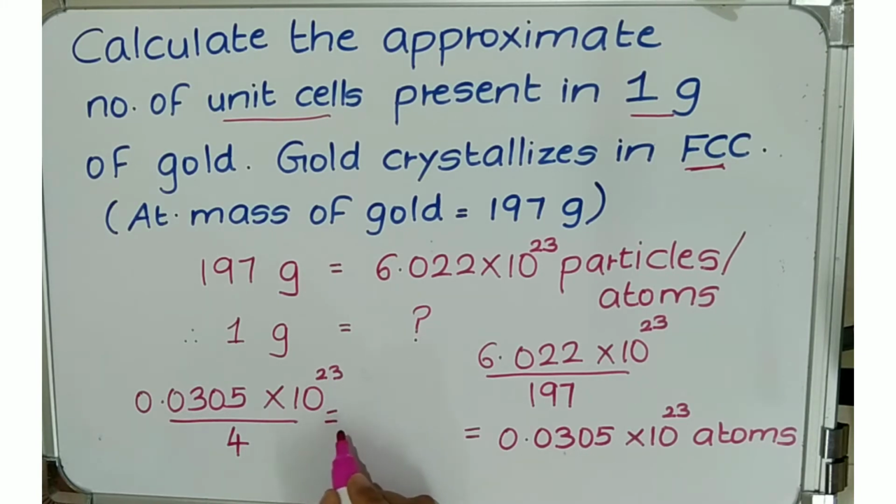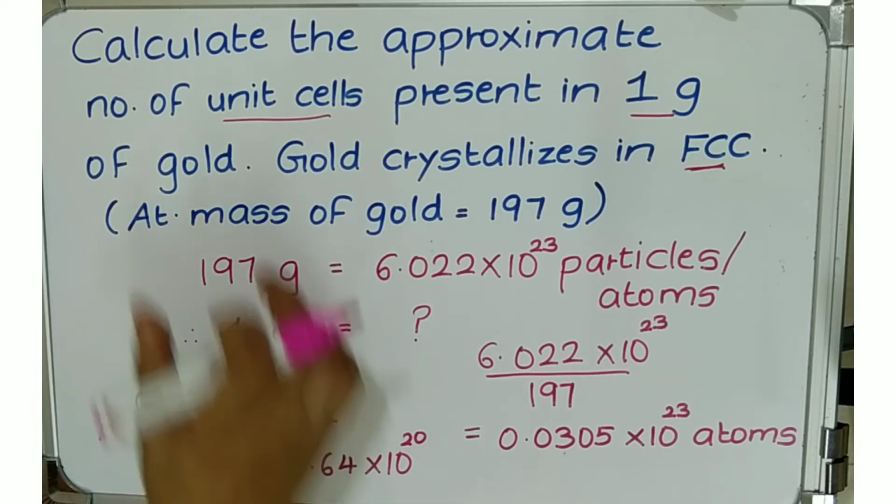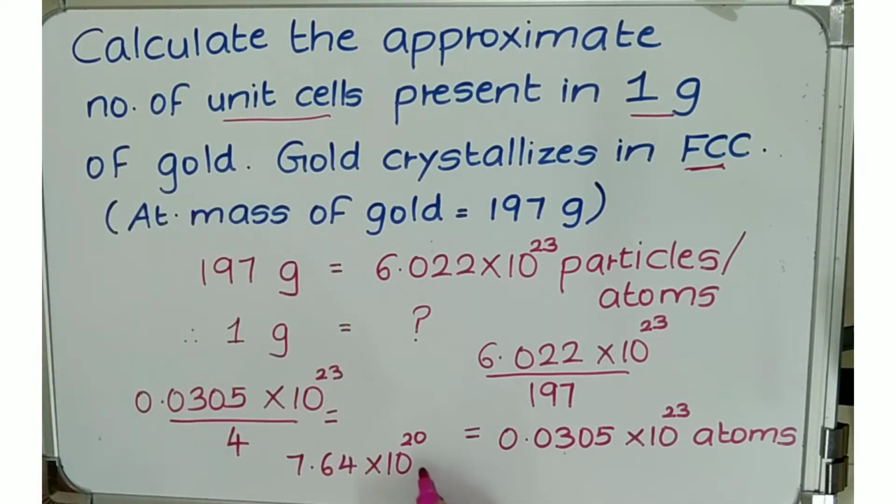So if you divide, you get 7.64 into 10 to the power 20. And the unit is not there. What you have found is the unit cells.